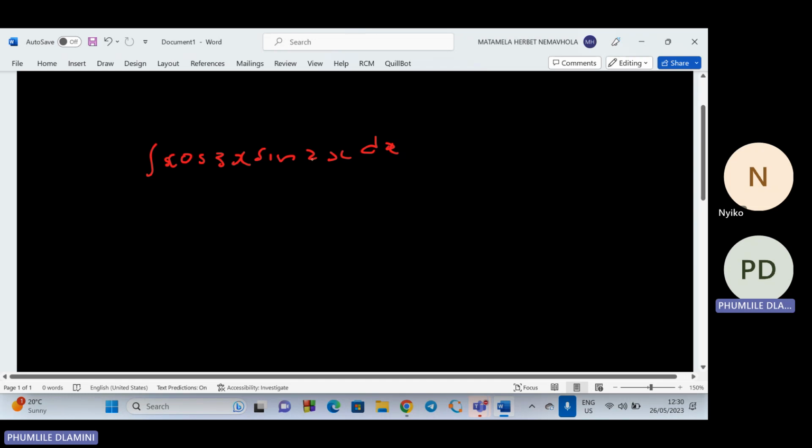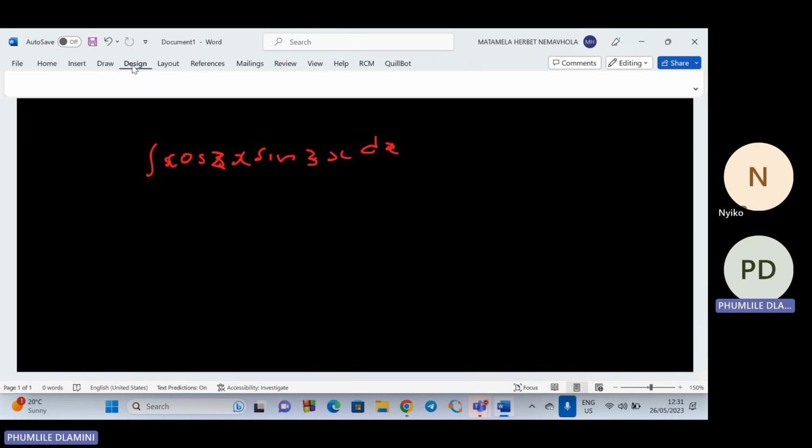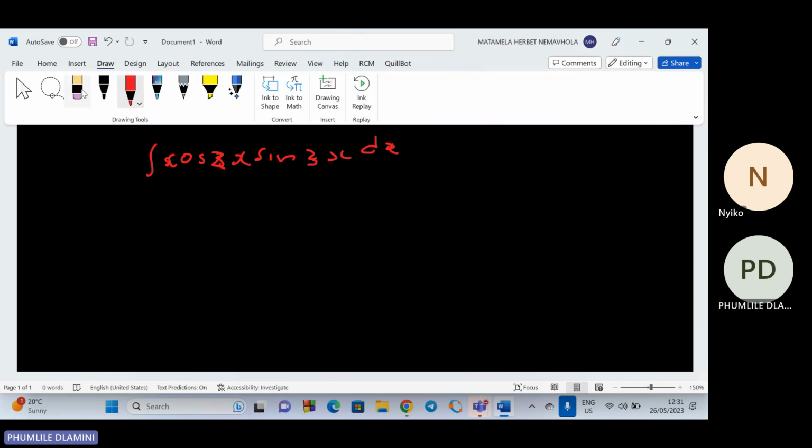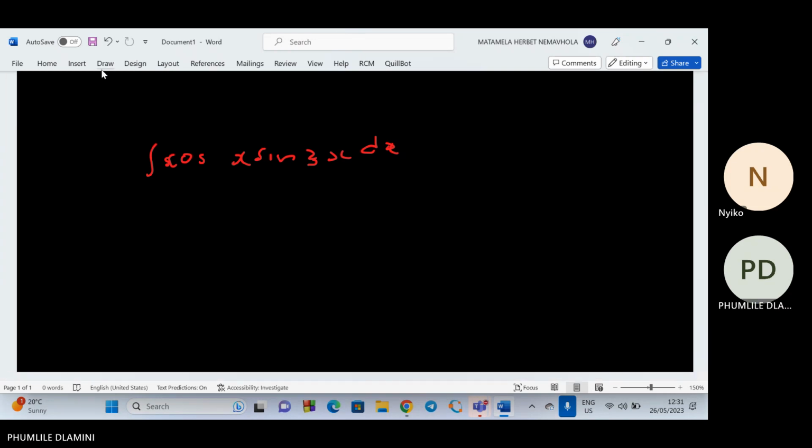So now we have this kind of integral. If we have this kind of integral with cos 2x, how can you solve it? Now we know that if we can let u equal cos of something, then we're going to have sine of something. We are going to have cos.